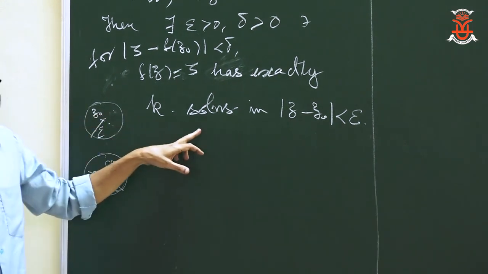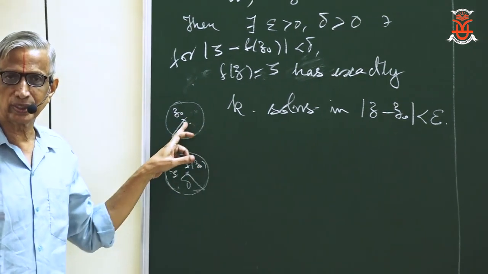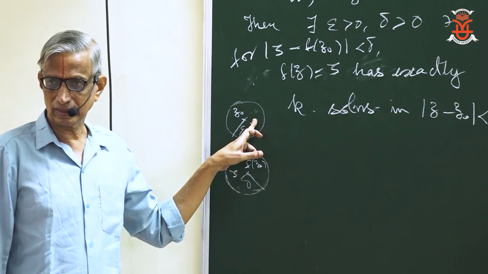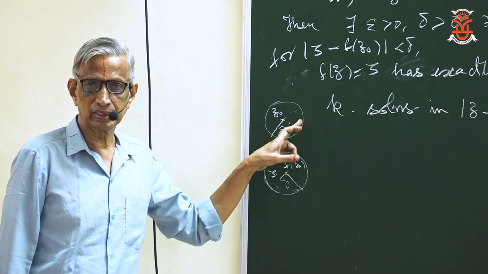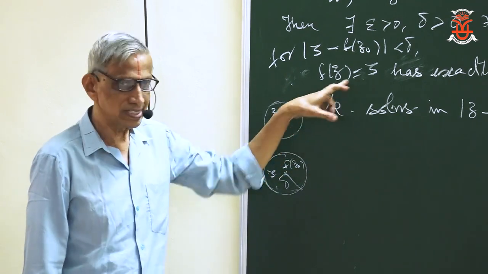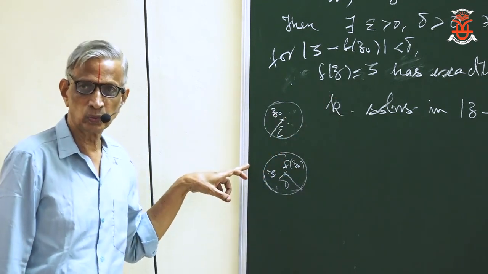That means there are points, say z1, z2, ..., zk in this disk such that f of zj is equal to zeta.